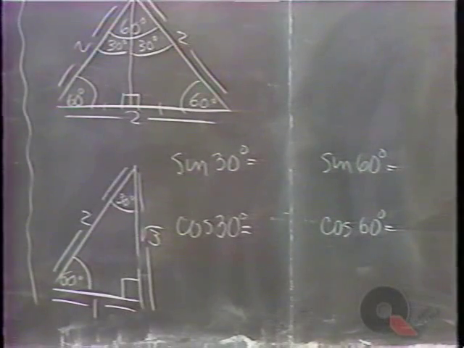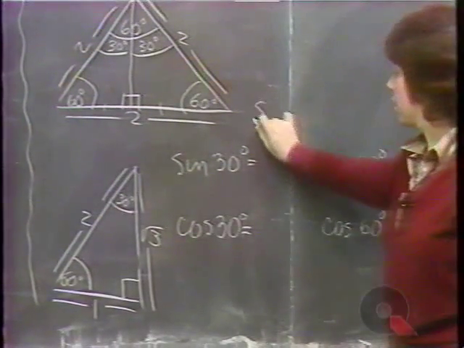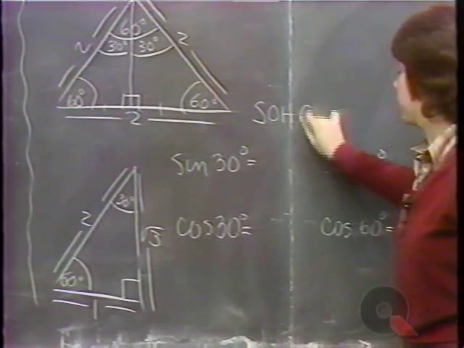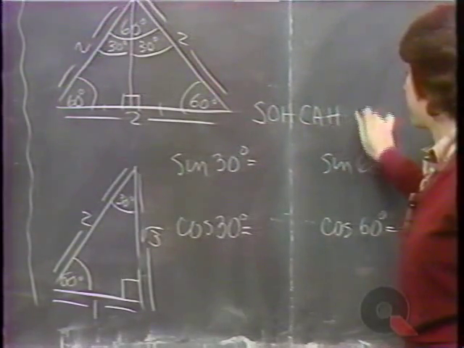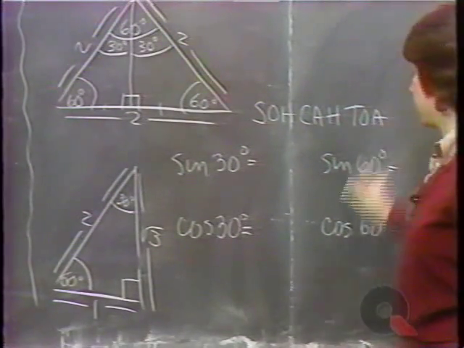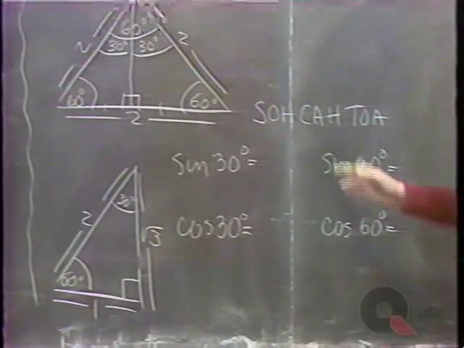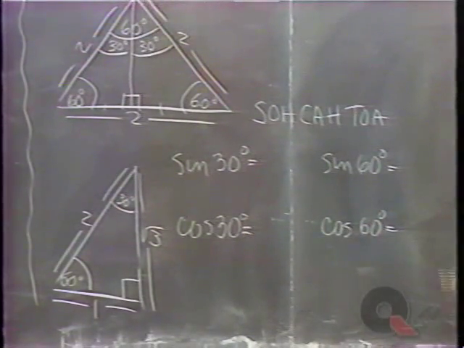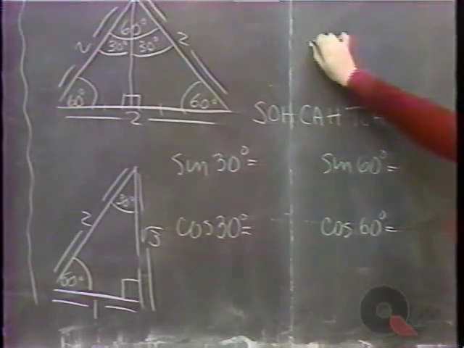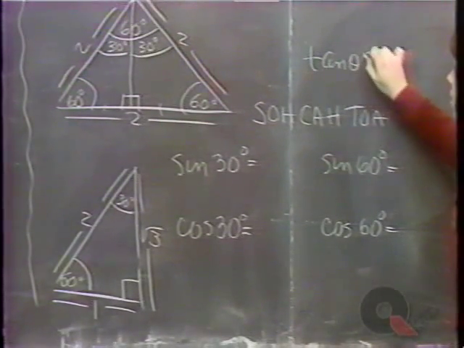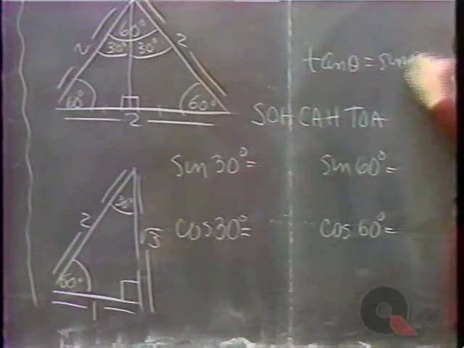Remembering sine is opposite over hypotenuse, cosine adjacent over hypotenuse, tangent opposite over adjacent. We could also figure out the tangent of 30 degrees and 60 degrees, but I find it simplest just to remember that the tangent of an angle is the sine of the angle over the cosine of the angle.